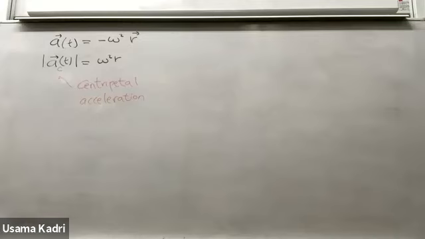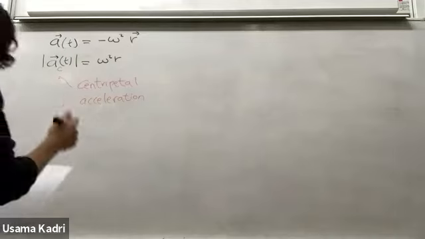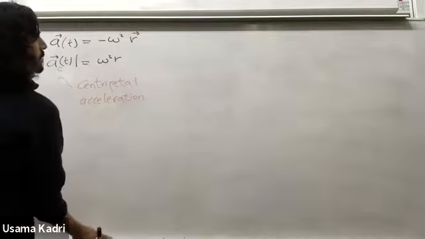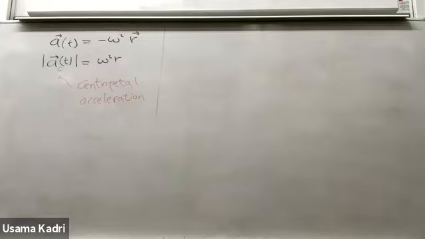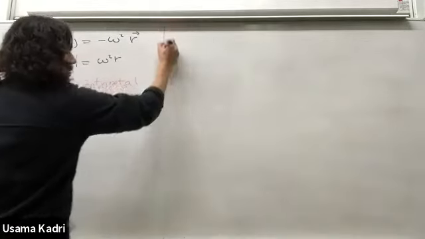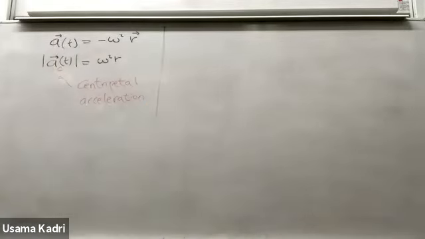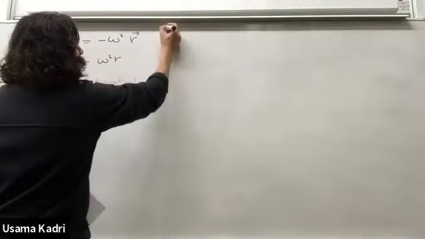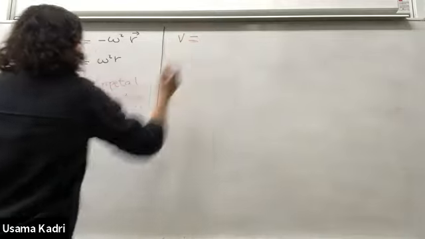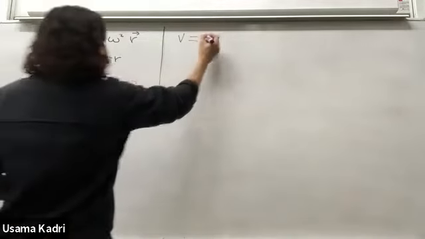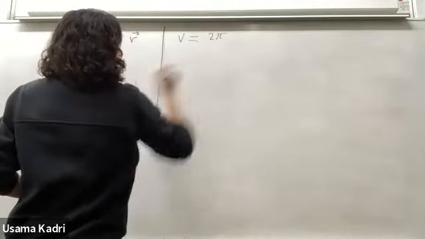Okay. Now let's go back to the velocity, the speed, actually. So the speed I can write as v is 2 pi.